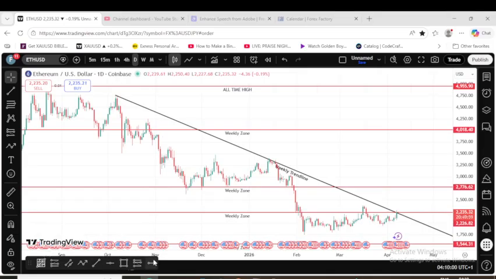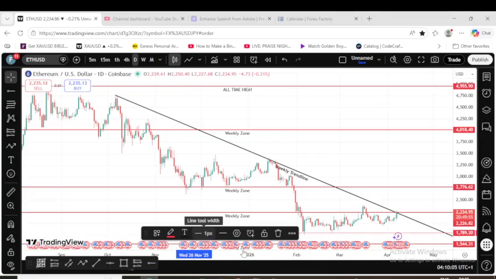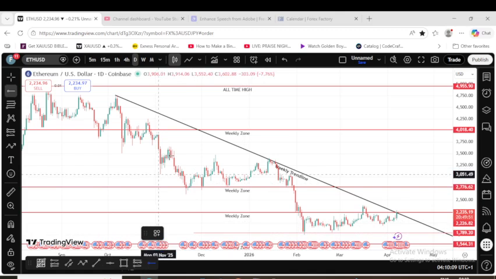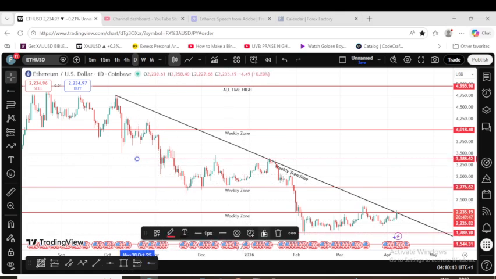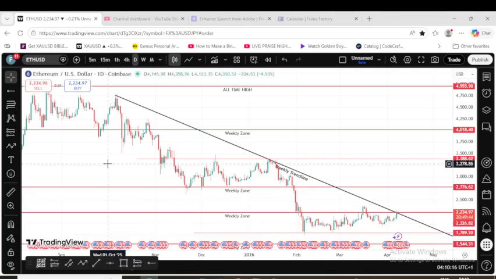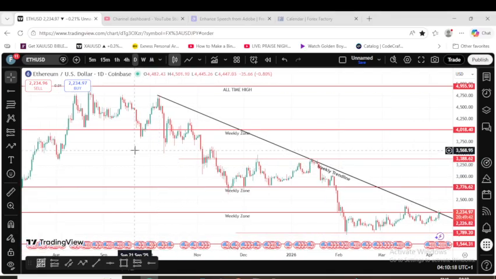So that's where our zones are. I have a daily zone here. I have a daily zone here. We have another one here.